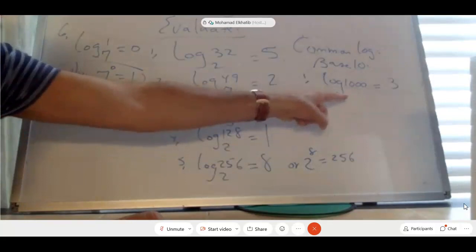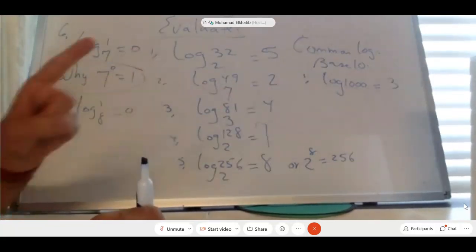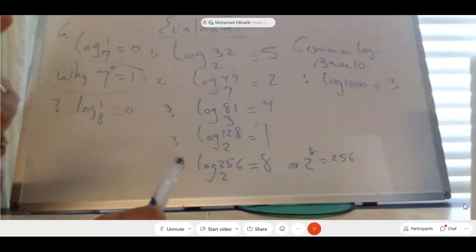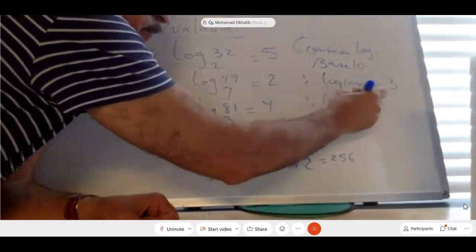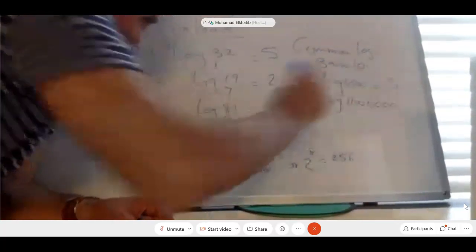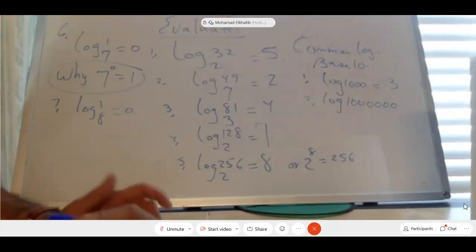Whenever you don't see a number written as the base, it means the base is 10. So you just count how many times you multiply 10 to get to 1,000. Like let's say you want to do log 1 million. You don't see a base, so the base is 10, right? What does that mean? How many times would you multiply 10 by itself to reach 1 million?